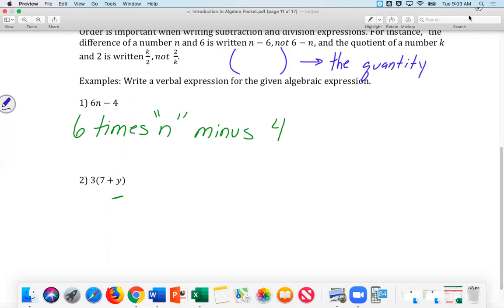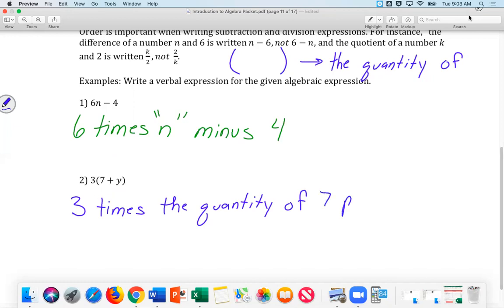And then I'll add the other word in there, of. So for number 2, it would be 3 times the quantity of seven plus y.